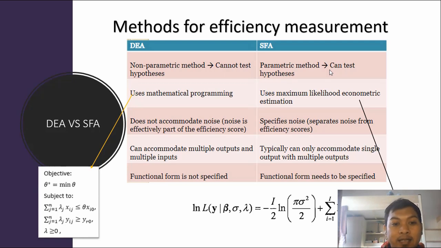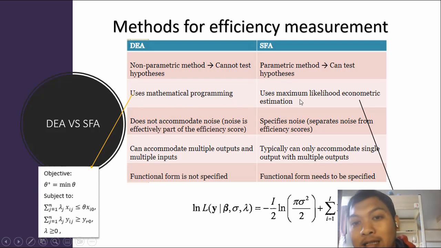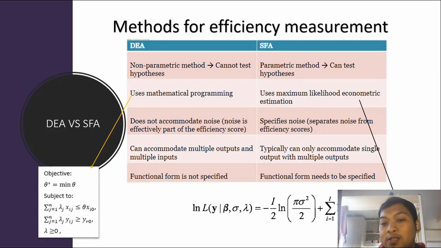And then DEA uses a mathematical programming or linear programming model. For example, like this one, the objective is to minimize the input, theta, and the constraint is this one. But in the SFA, the parameters are obtained from maximum likelihood econometric estimation.